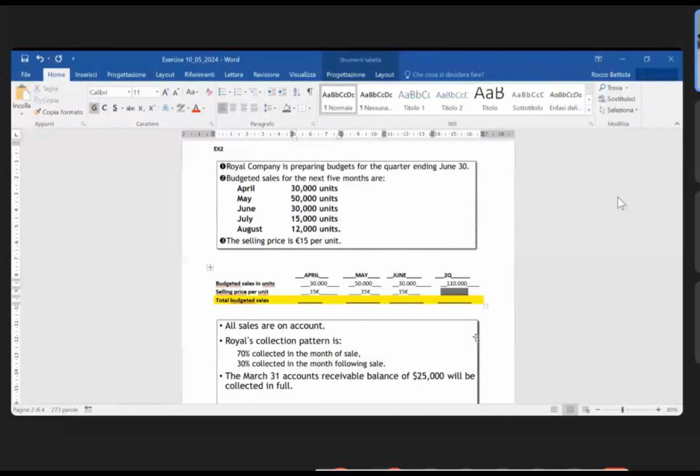You know that your sales are 30,000 units and your average selling price is 15 euros. Just multiply 30,000 by 15 euros. It should be 450,000 euros, dollars, or whatever, baht, rubles, whatever you want.